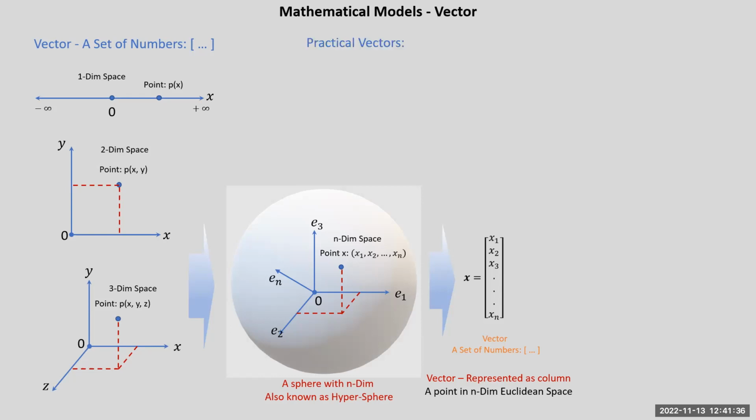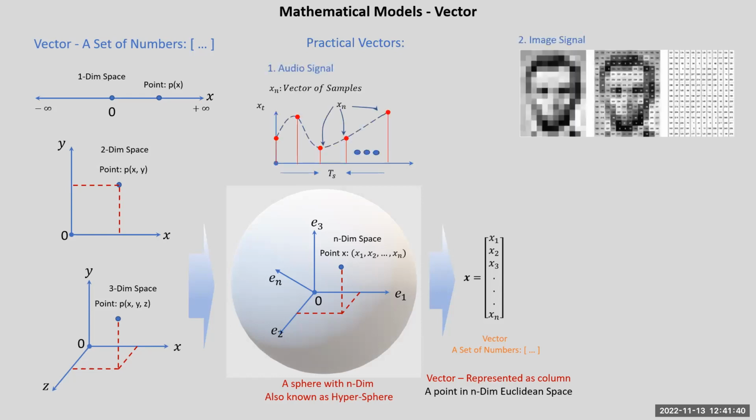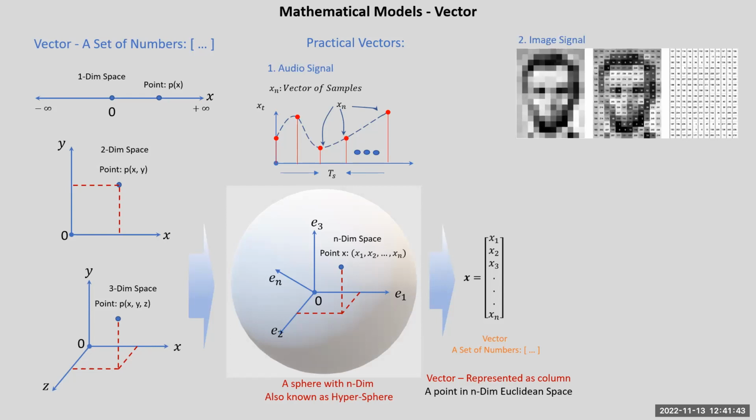Now here, if you see graphically, you have, say, an audio signal which is passed through an analog to digital converter which samples the signal at a uniform interval called sampling interval Ts, and then it will generate a vector of n samples. So one can visualize it as a point in n-dimension space.